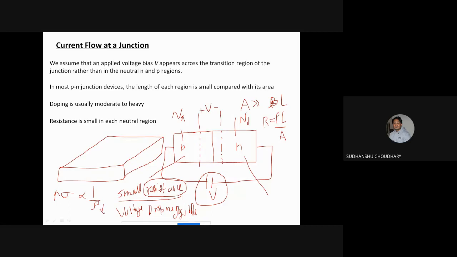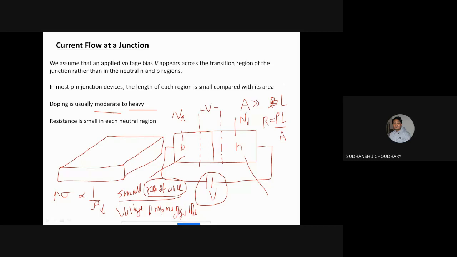And we are doping these two regions either heavily or moderately, so that the resistance of these two regions is small and there is no drop across them. So the resistance depends on both the doping and the area, and the area is also large.